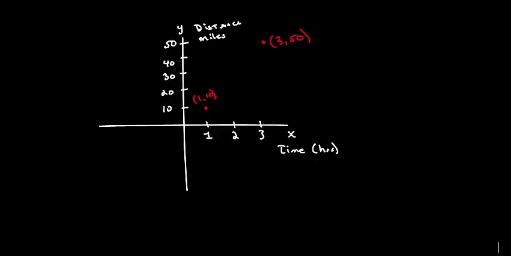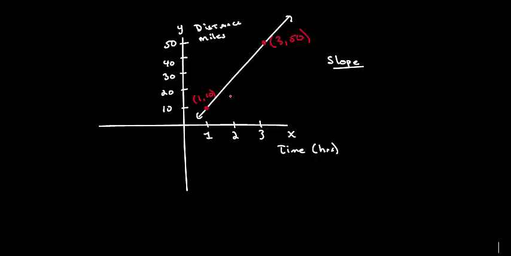Now, I said that I was going to talk about slope. And what's more important than just getting an actual number is interpreting that value. So when I start to look at the slope of a line, let's connect these dots here as best we can. Okay, so here's the line that runs through those 2 points.